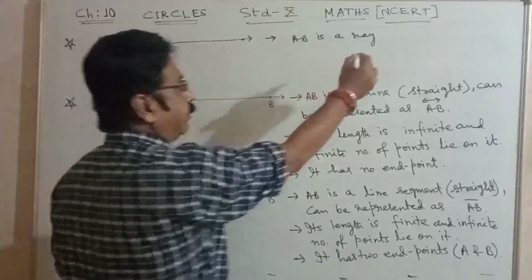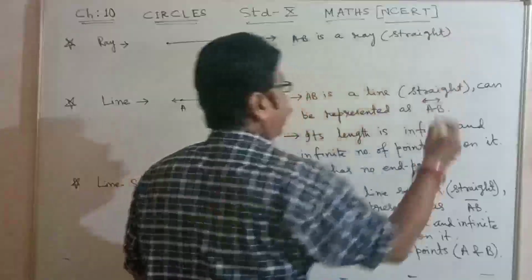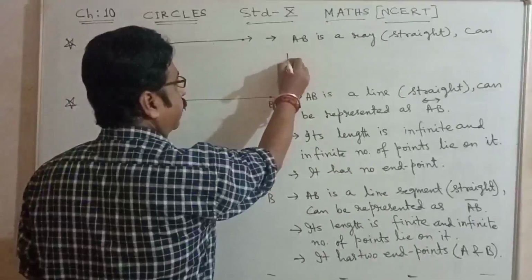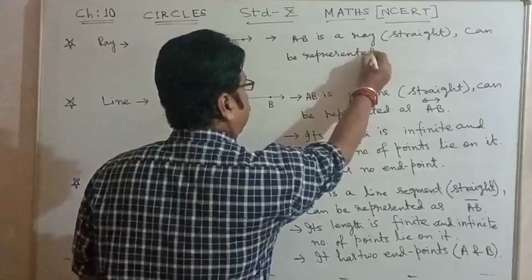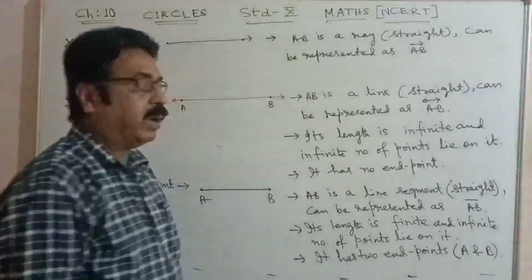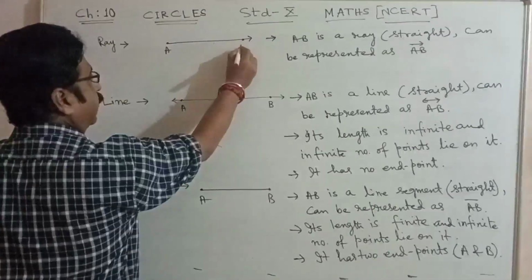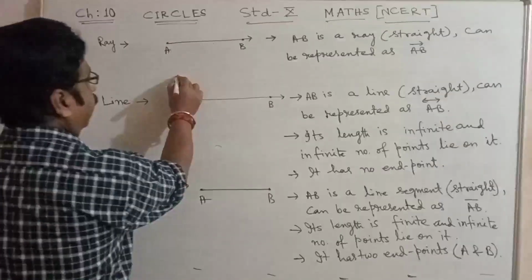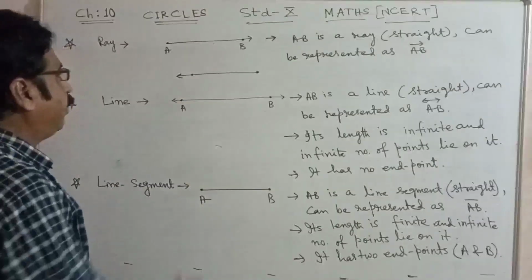It is also straight. For A, one end point is there, this point. Suppose it is A. It is not end point because this side can be extended infinitely. You could take this way also. This is end point. This side can be extended infinitely. This will be also a ray.